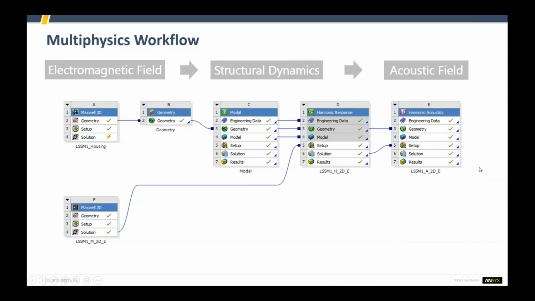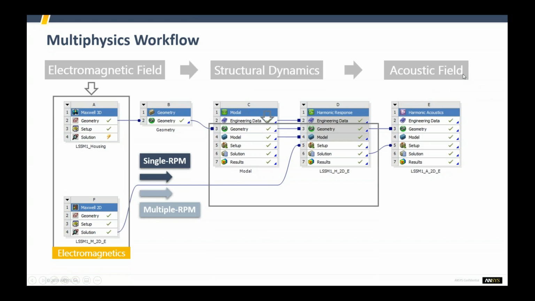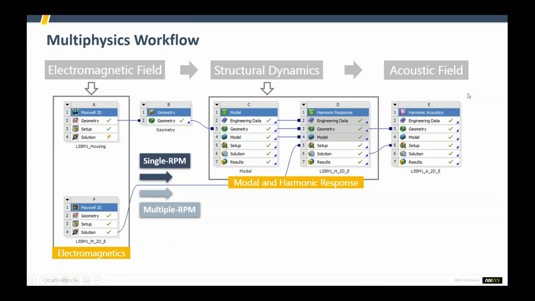So, just a conclusion of this multi-physics workflow. We started with the electromagnetic field, then structural dynamics, and lastly the acoustic field: electromagnetics, modal and harmonic response, and then lastly the harmonic acoustic. For a single RPM, we can use Maxwell 3D.